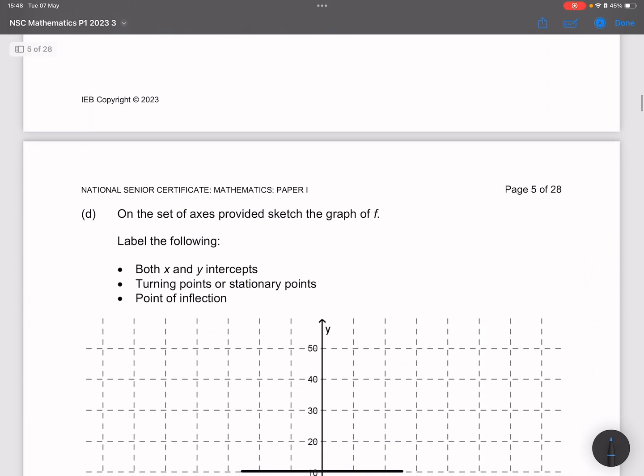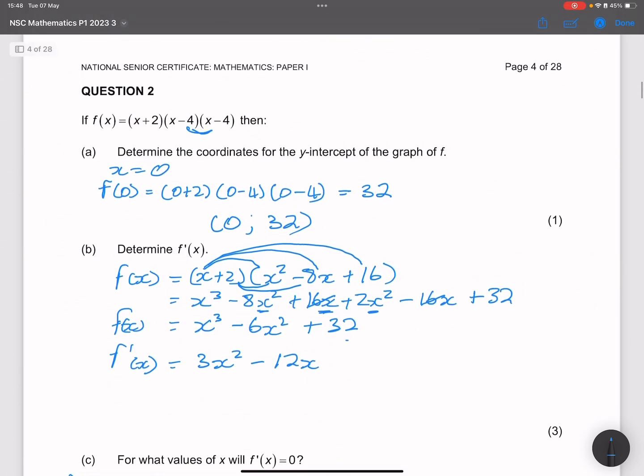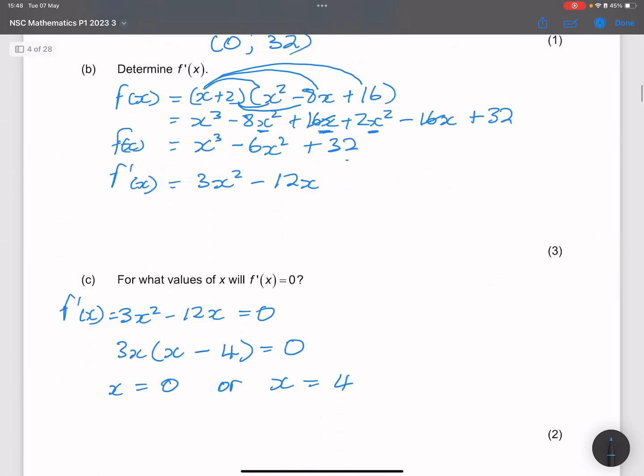Now they say to us, on the same set of axes provided, sketch the graph of f. So now we know we're going to have our x-intercepts at 4, as well as at minus 2, I think it was. So it was going to be at minus 2, yes, and 4.